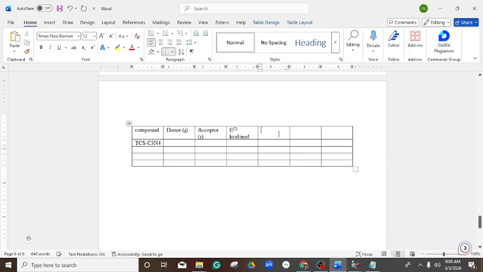Then you're going to have your energy difference, which is the energy difference between your donor and your acceptor orbital. Your energy difference is always the energy of the acceptor orbital minus the energy of the donor orbital, and it is measured in atomic units.